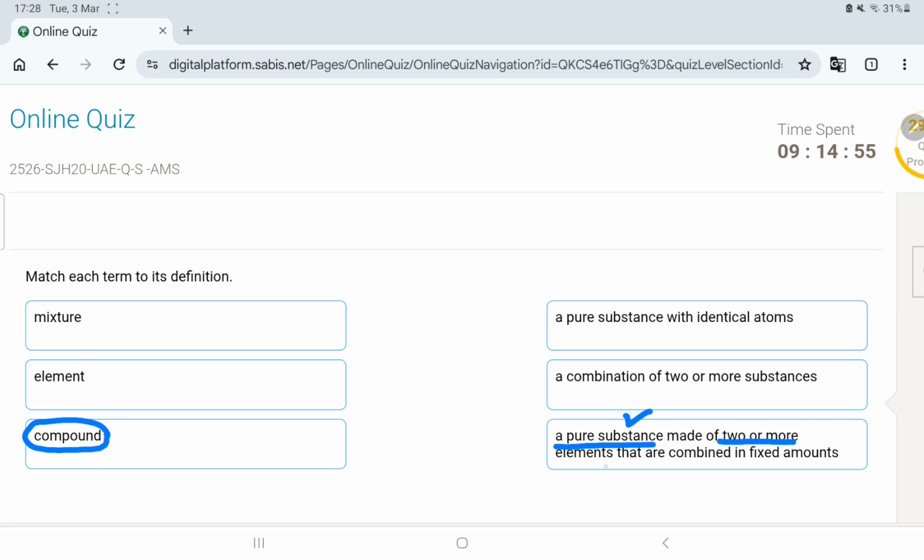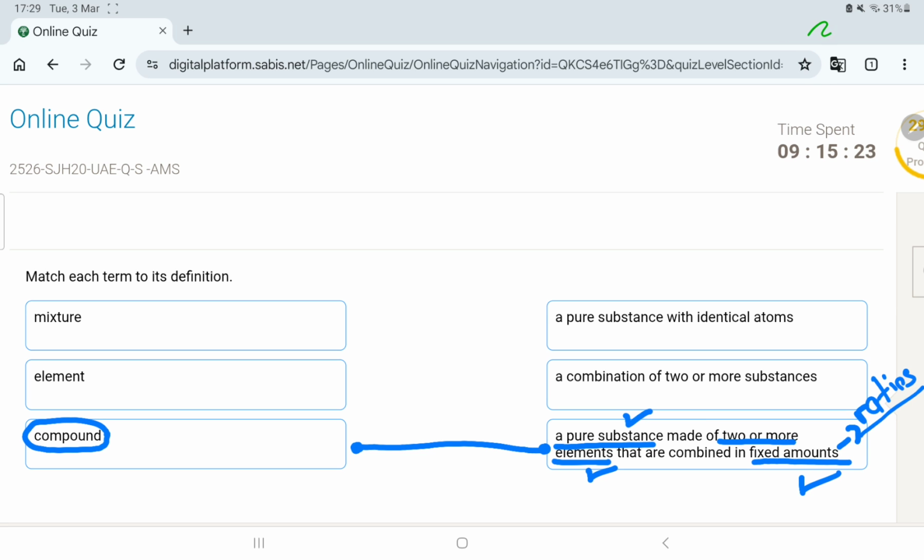It's made of two or more elements, also yes. And it's combined in fixed amounts or fixed ratios, also clear. So a compound is obviously a pure substance made of two or more elements that are combined in fixed amounts or ratios. Okay?